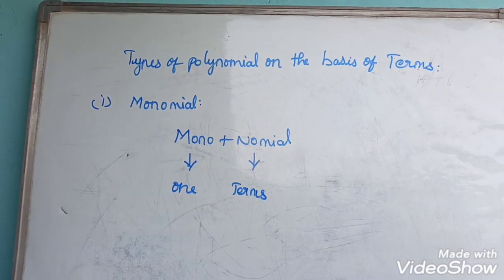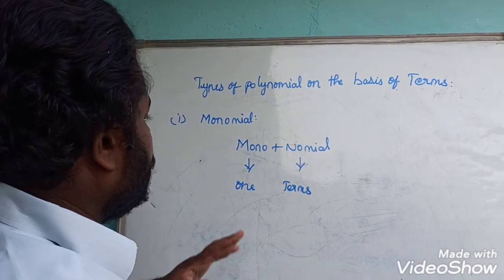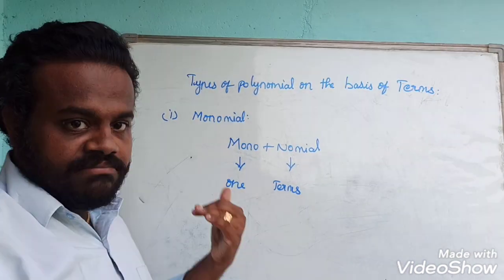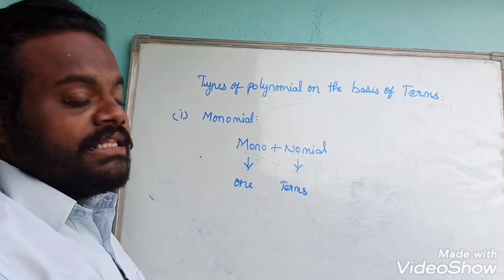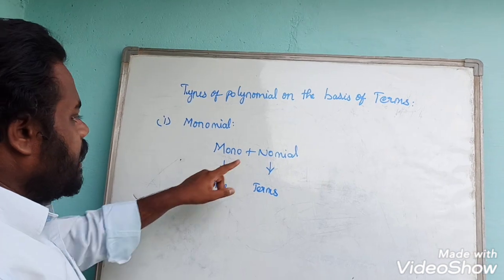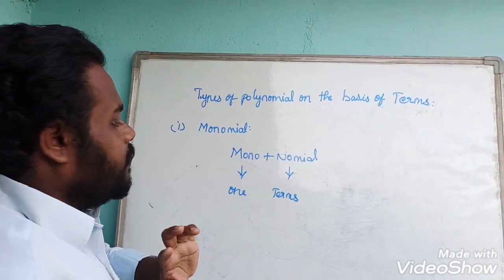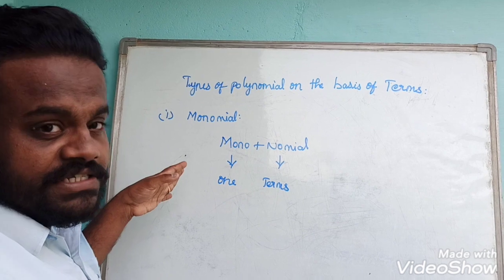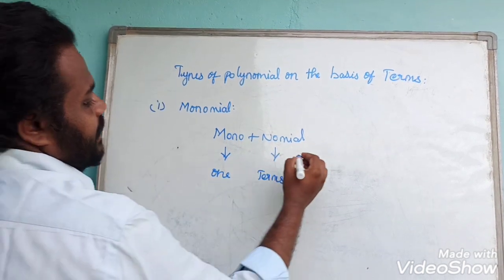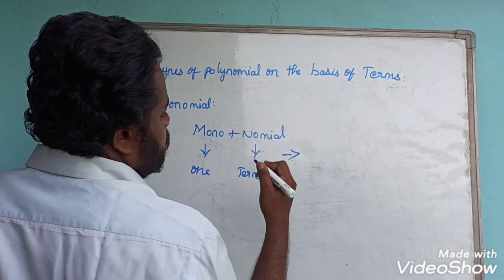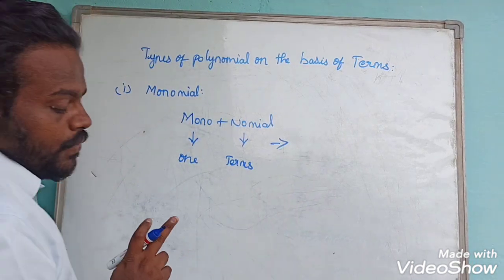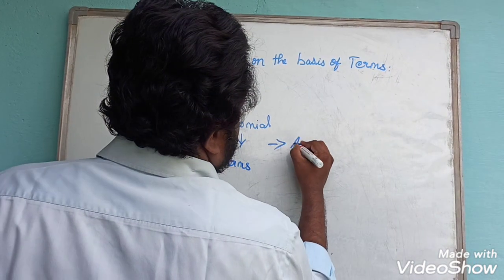Now already we saw the definition for polynomial: poly plus nomial, poly means many and nomial means terms. In the same way, mono means one and nomial means terms. So what is the conclusion? What is the definition for monomial?